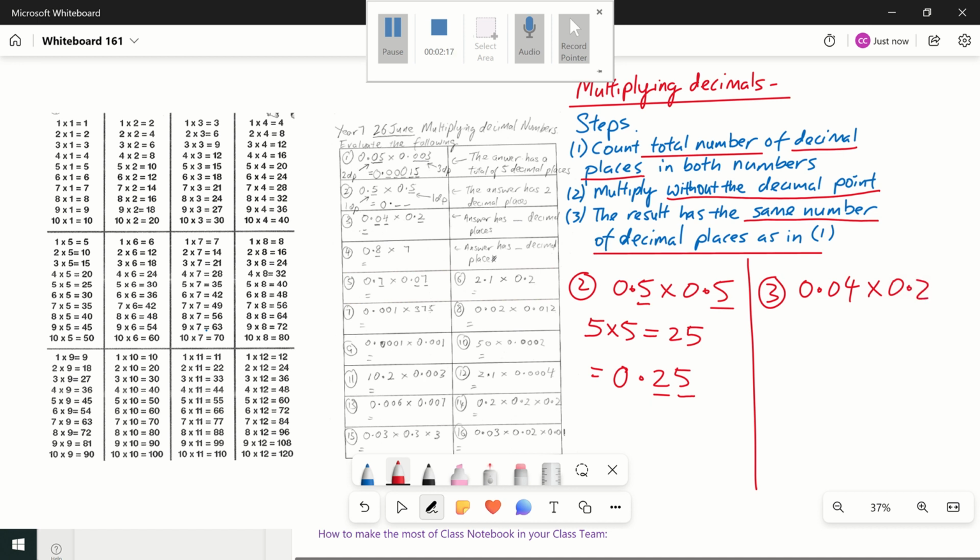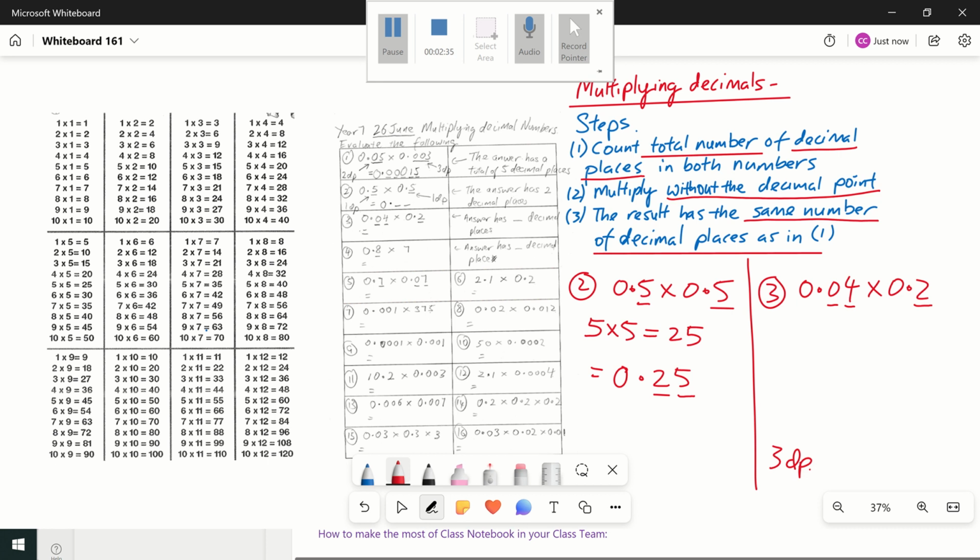So the first step we're going to do is count the total number of decimal places. In our first number, we have 2 decimal places. In the second number, we have 1 decimal place. So altogether, your answer is going to have 3 decimal places in your answer.